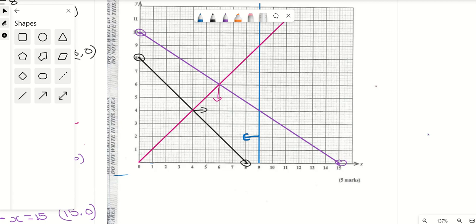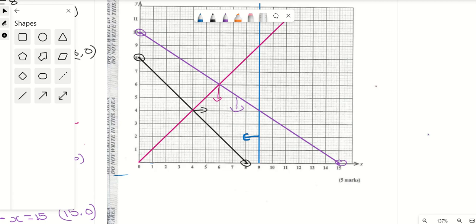So this region here, let's read what they said. They want a region where 2x plus 3y is less than or equal to 30. So we know that this will be below the line, so it's going to go here.